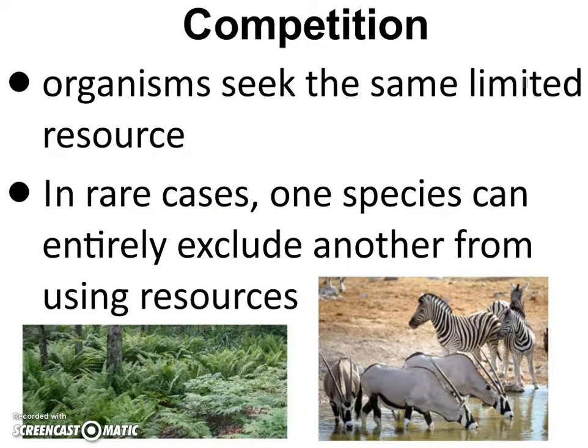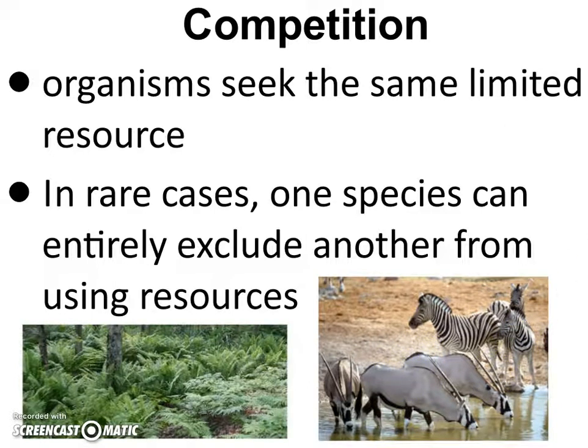With carrying capacity, a lot of things come into play. Competition is the first thing: organisms that seek the same limited resource. If you look at the image down here on the right of the zebras, you can see they're sharing a water source.